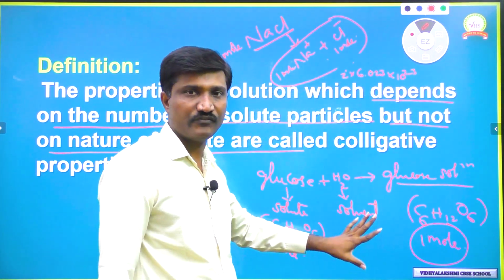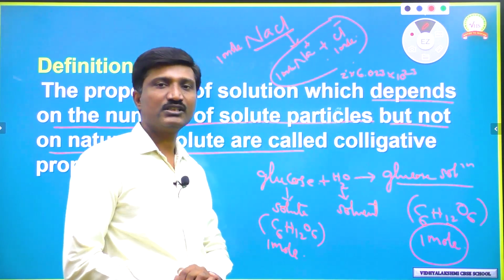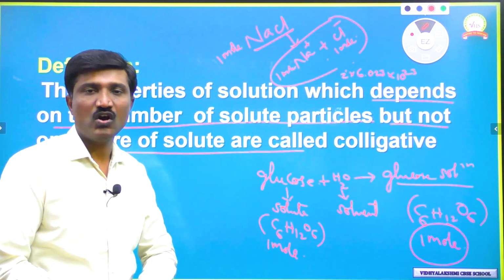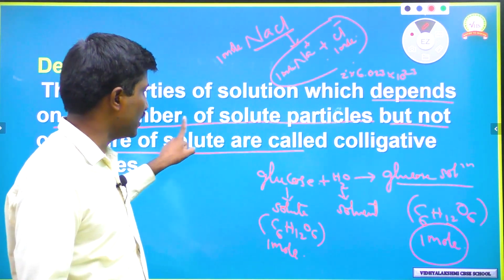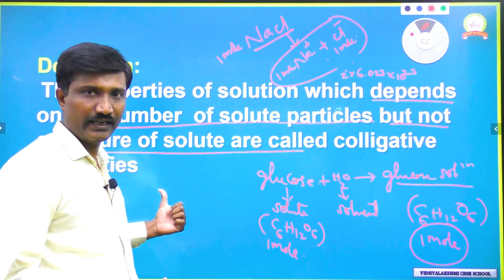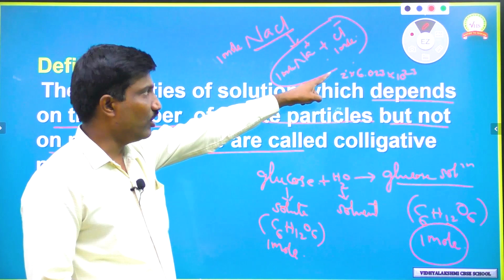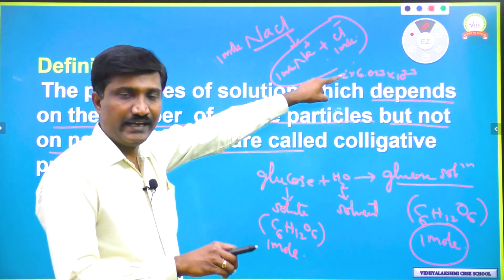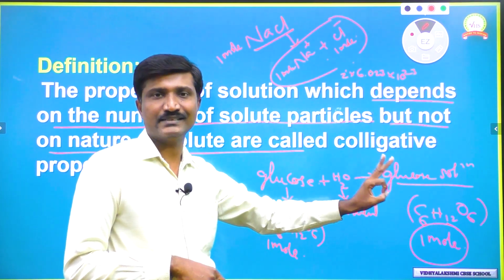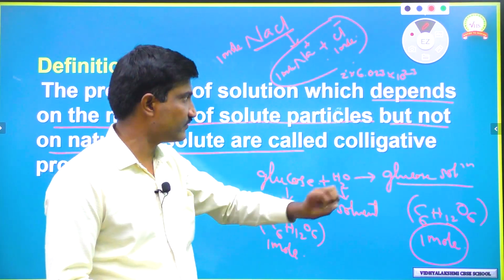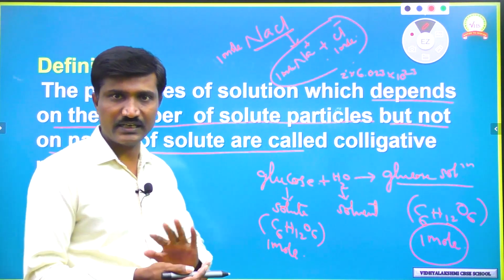So the properties of a solution which depend only on the number of solute particles but not on the nature of the solute, we call colligative properties. This one shows a greater value in some properties and this one shows a lesser value, and those properties we call colligative properties. Is it clear to you?